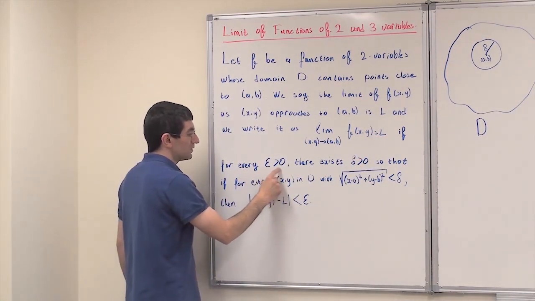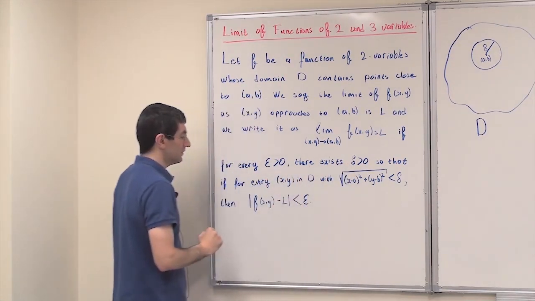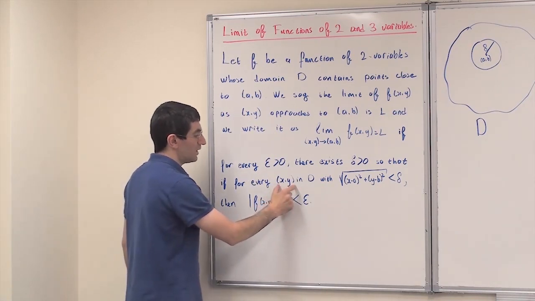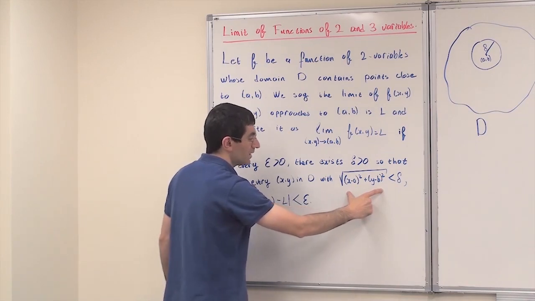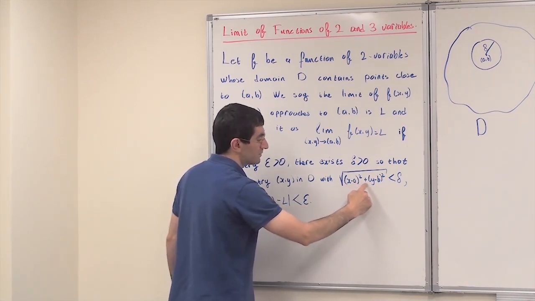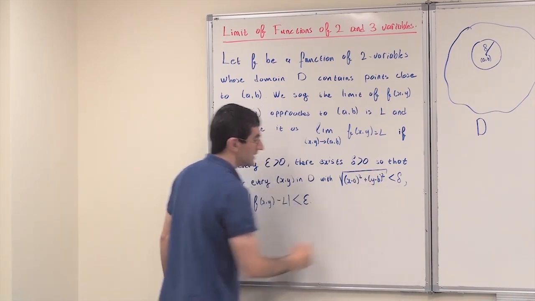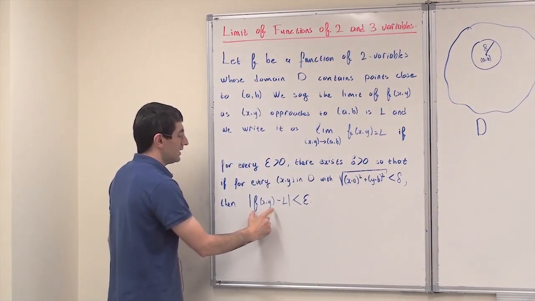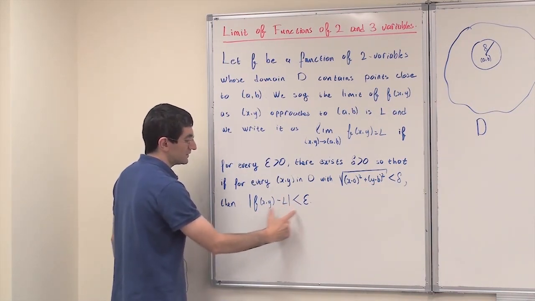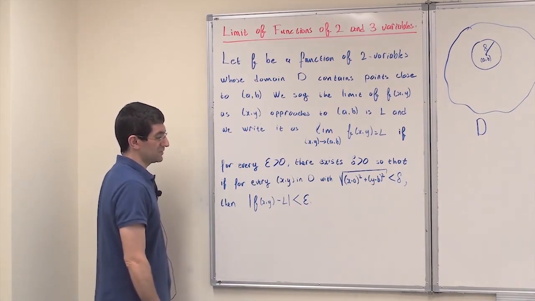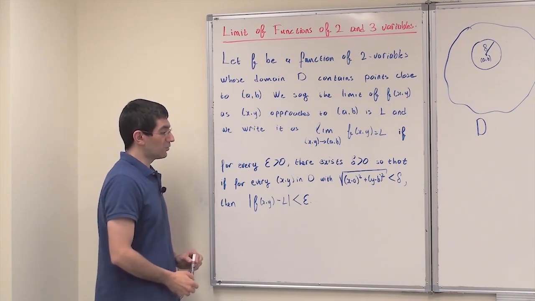For any epsilon positive, there exists a positive number delta, so that for all (x, y) in the domain which satisfies this condition, which is the square root of (x minus a) squared plus (y minus b) squared, less than delta, then the absolute value of f(x, y) minus L must be less than epsilon. Now, let me illustrate this formal definition.